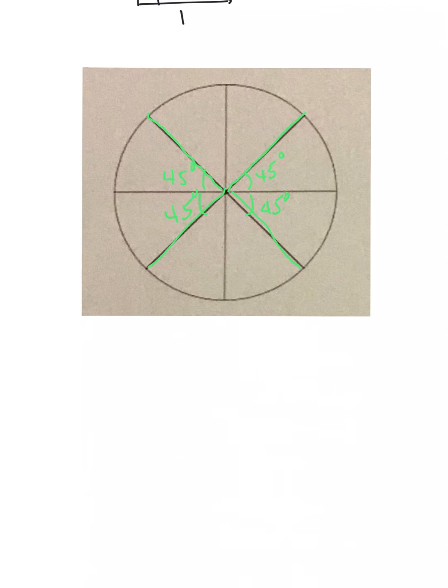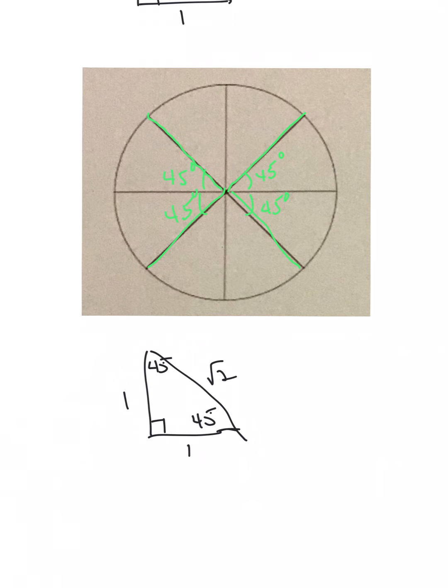So if we are using 45 as our reference angle, then we need to think about a 45, 45, 90 special right triangle. We know that those have sides of 1, 1, and the hypotenuse square root of 2.